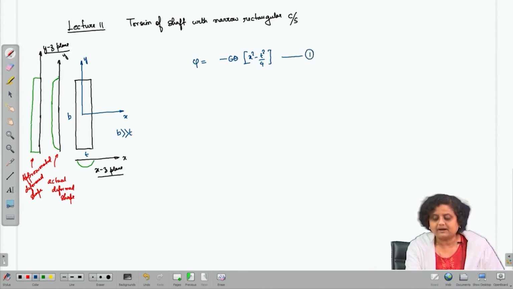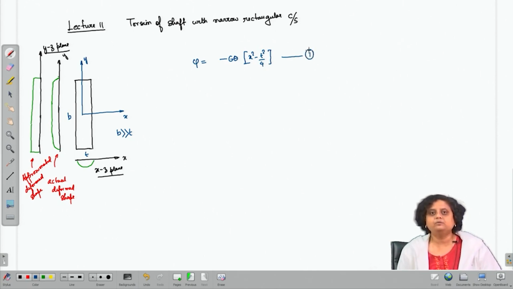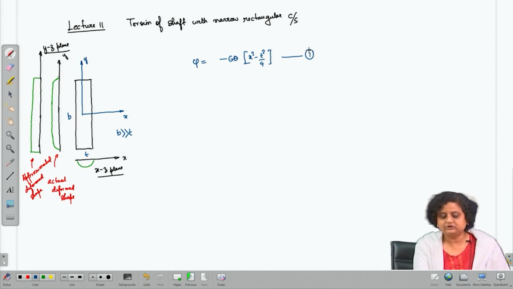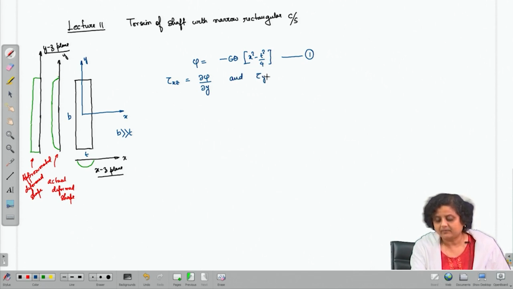Now, from this Prandtl stress function, we will try to derive the expression for shear stress and the torsional moment. As we remember, the shear stress in terms of Prandtl stress function is given as tau xz, which is del phi by del y, and tau yz, which is minus del phi by del x.